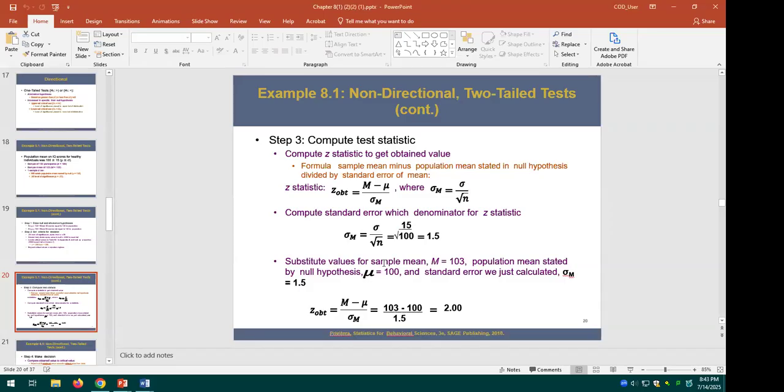We have two new formulas. We have the standard error, which is the same as standard deviation, by the way, over the square root of n.